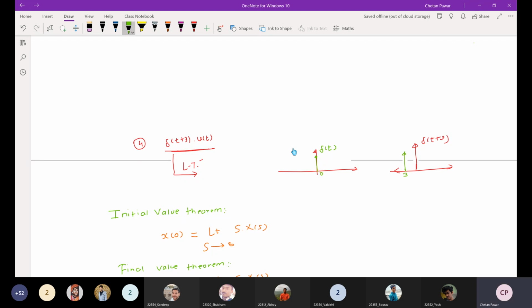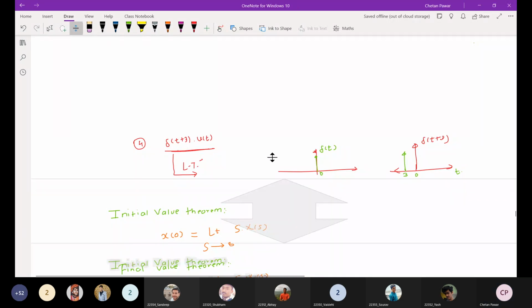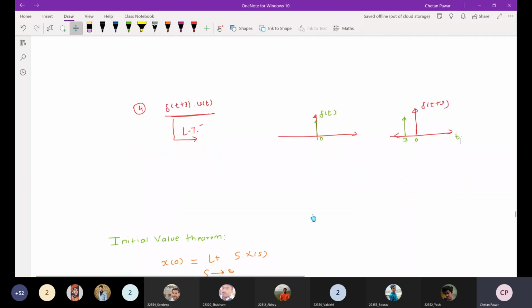So this is 0, this is 0, and this is 3, right? And what is the u of t? U of t is the unit step signal, so u of t will be represented like this.